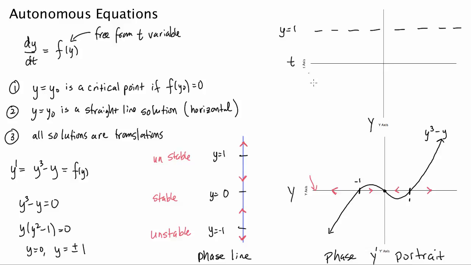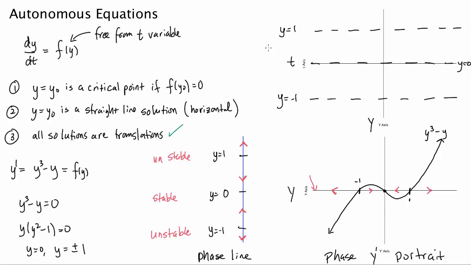So I've got critical points at y equal to 1, y equal to 0, and at y equal to -1. Now, what are those points telling me? Well, because I know the behavior based off the phase line, and I also know that all solutions are translations, that gives me a great deal of information about how to draw in a solution.